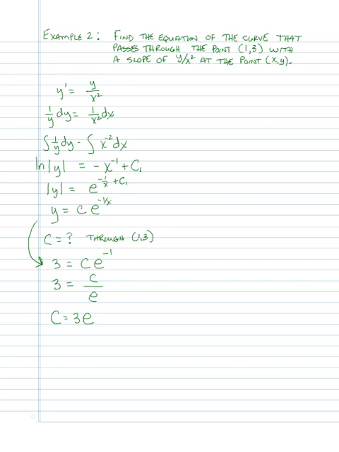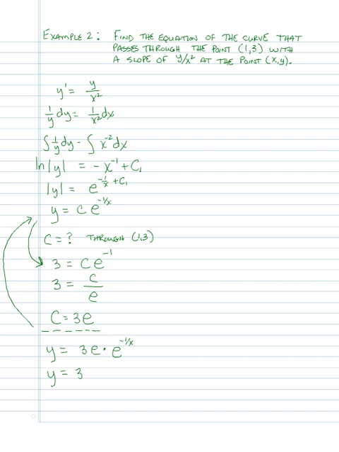But we're not finished, because we need this value to put into the general solution that we had here. So we have y is equal to, now we found out that c itself is 3 times e, and then we have, of course, times e to the power negative 1 over x. But notice that what we have here is e to the power 1 times e to the power negative 1 over x.